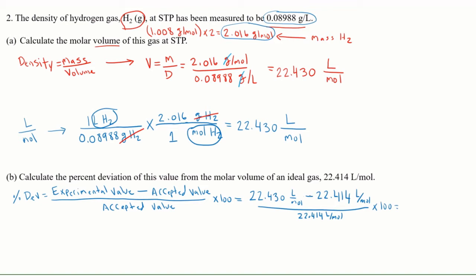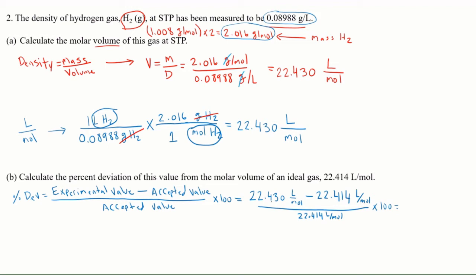Usually a positive percent deviation indicates that your experimental value is higher than the accepted value. A negative percent deviation means that your experimental value is lower than the accepted value. Here we will have a positive percent deviation because my experimental value is higher than my accepted value.